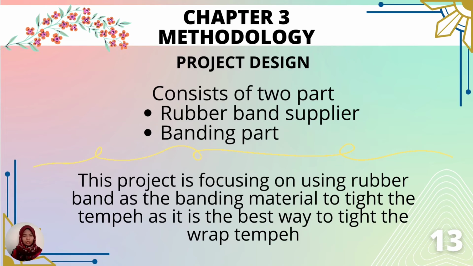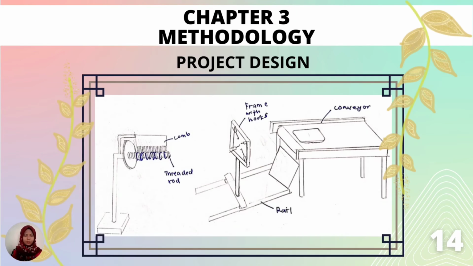For my project, I will focus on the binding part, which consists of 2 parts: the rubber band supplier and the binding part. In this project, we are focusing on using a rubber band as the binding material to tie the tempeh, as it is the best way to tie the wrapped tempeh.